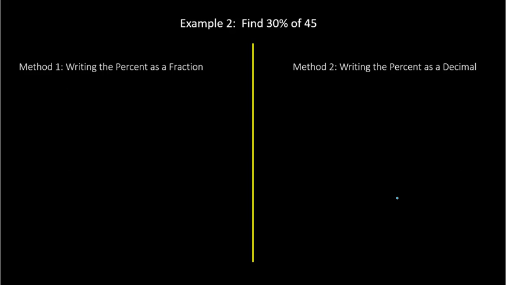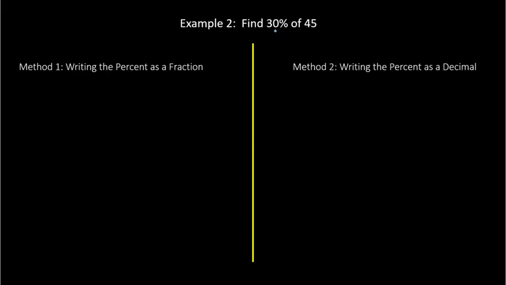Example 2, we now have find 30% of 45. So we're going to show you both methods, and if you're doing this on your own, you can choose whichever method you prefer, whichever one you find to be easiest, unless of course the directions specify what to do. But here, using method 1, write the percent as a fraction first.